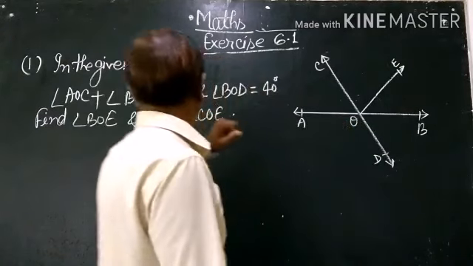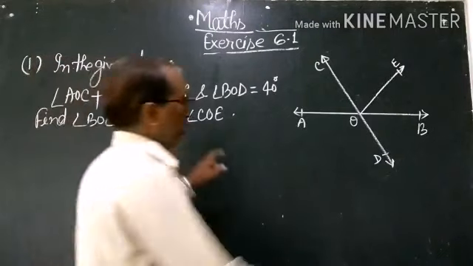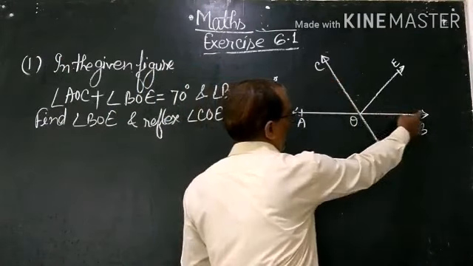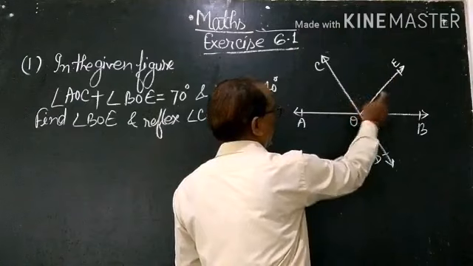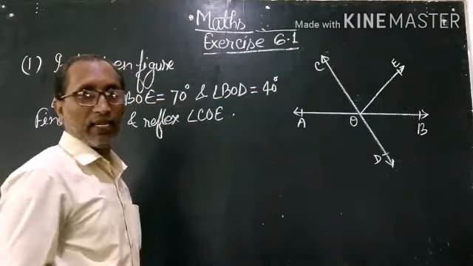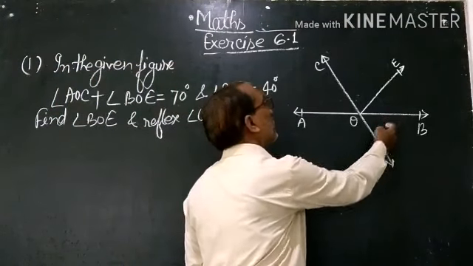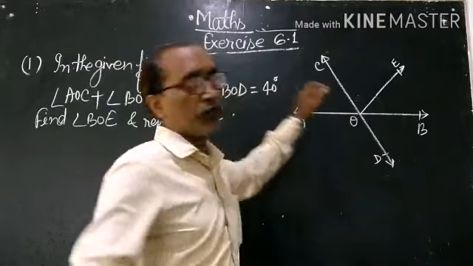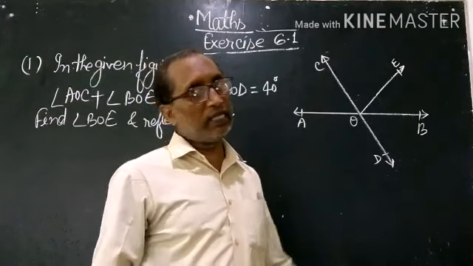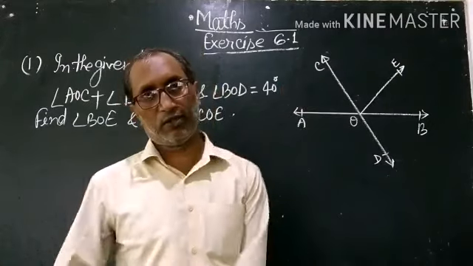In the given figure, angle AOC plus angle BOE, the sum of these two angles, is equal to 70 degrees, and angle BOD is equal to 40 degrees. This is the given information for this question.